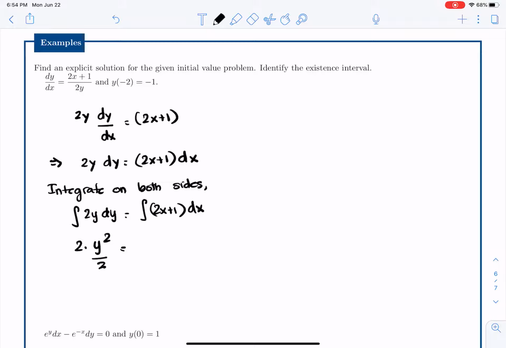The integral on the right hand side can be computed using substitution. If you integrate it using substitution, you'd end up getting 2x plus 1 squared divided by 2. Now we have the initial condition, so we'll get rid of the 2's.